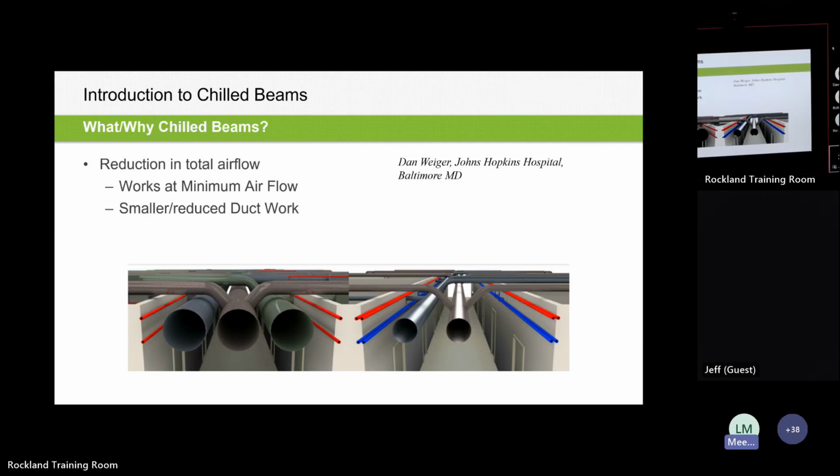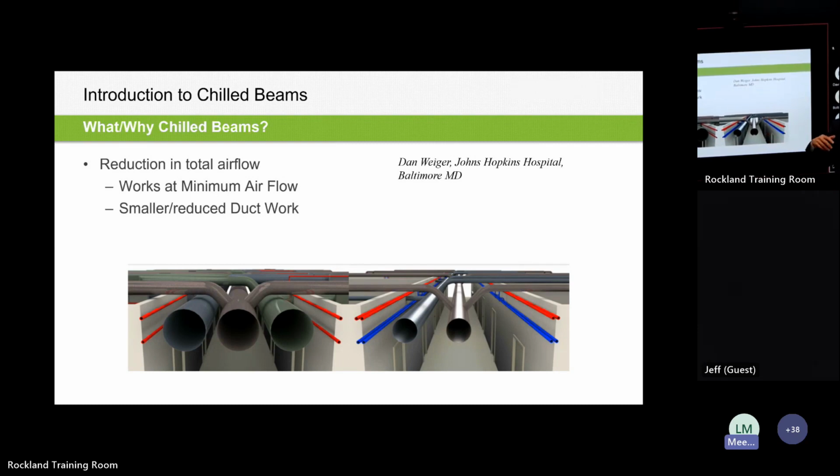So moving along to a study that Johns Hopkins did, they analyzed, from an all-air system and looking at a chilled beam type system, what are some of the benefits that they might realize when looking at these decoupled cooling systems? So really, on the next couple slides, what we're pointing out is the difference in ductwork, both diameter and size of the ductwork, but also the return air back to the rooftop unit is non-existent.